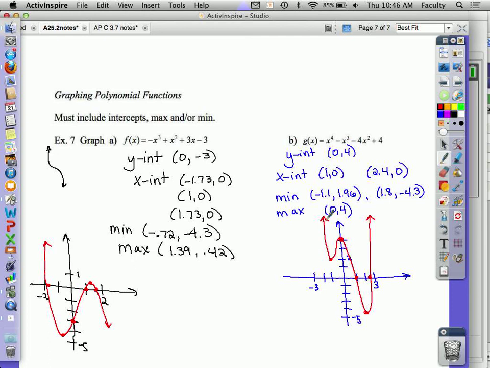And something I want you to think about is that this is an x to the fourth with a positive in front. So the end behavior is a touchdown, and I really do have the touchdown, I just have some wiggles in there, okay?